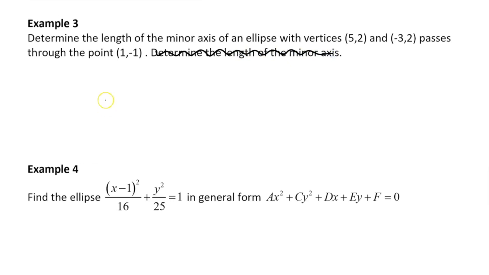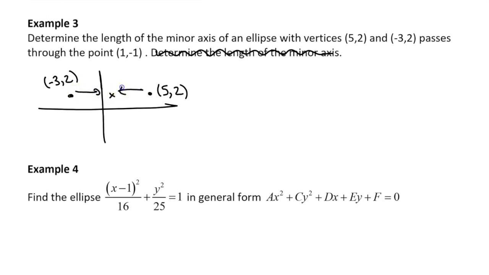Okay, so let's do a mini graph and let's see what we have right here. So we have the point 5, 2, and we have the point negative 3, 2. And if you know that those are the vertices, then if you average that out right here, so if you went 4 in each way, you would have the point 1, 2.